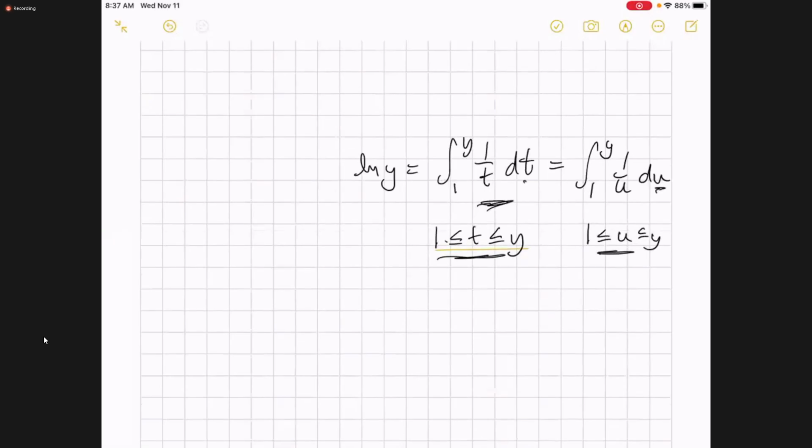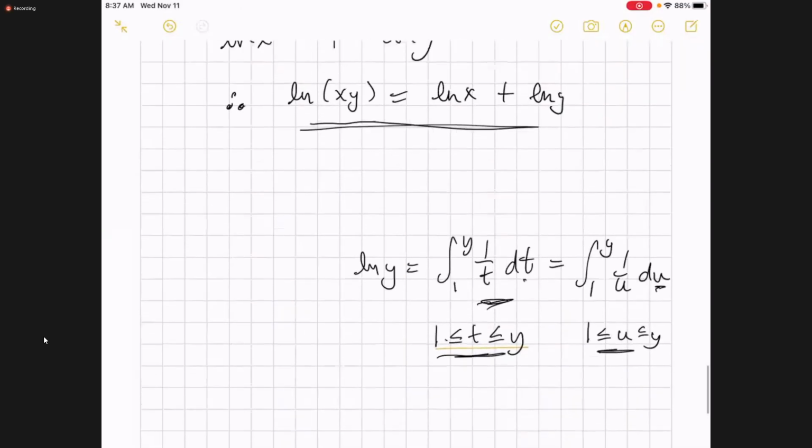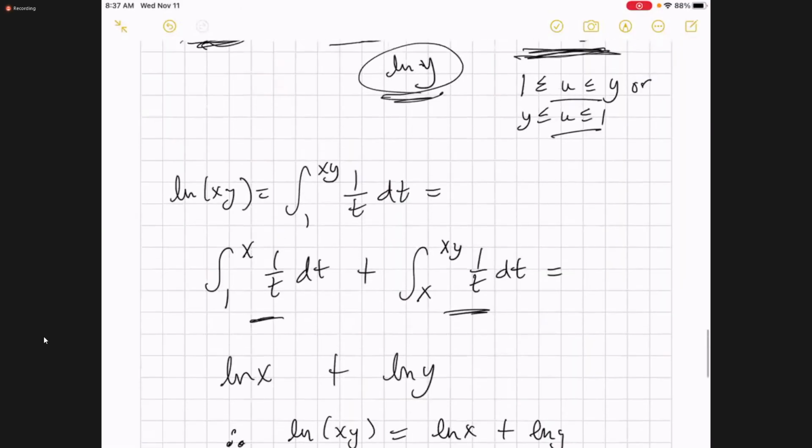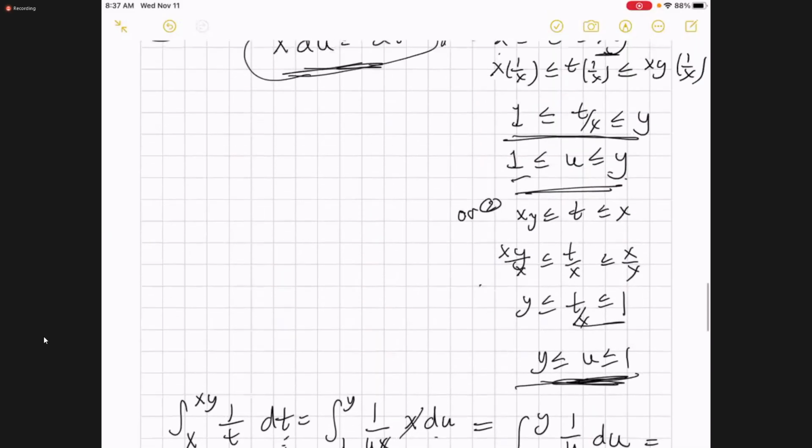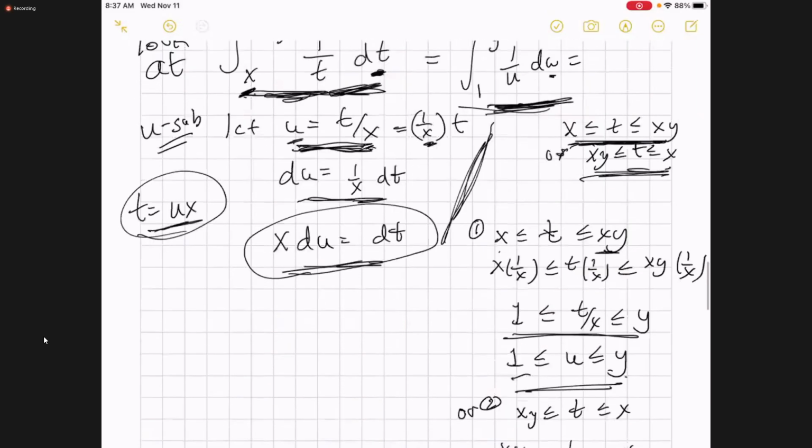But going back up to the top, I'm having a hard time following how 1 over t is actually just 1 over x times t. Well, okay, t over x. This is another algebra rule.